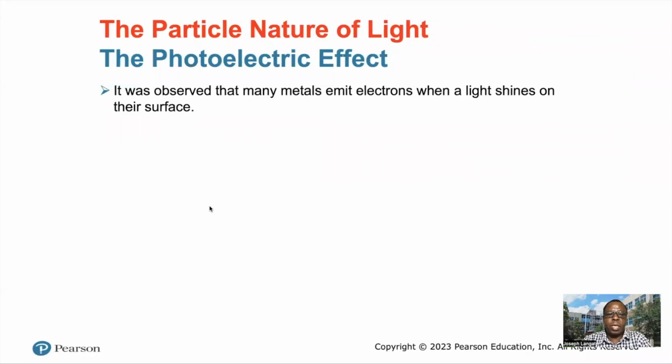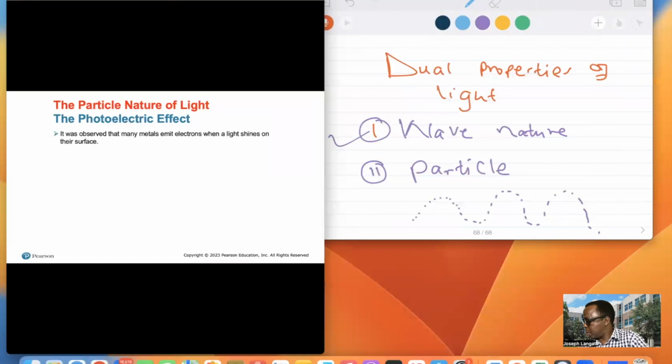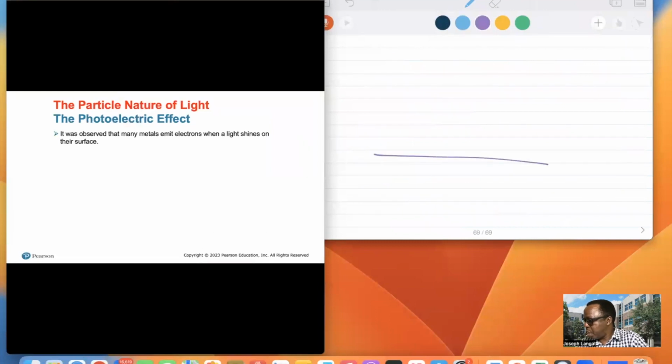What they noticed at that time that they could not understand is that when light is directed onto a metal surface, many metals emit electrons. So this is what happens. If this is the metal surface and this is the light coming as a wave, when it strikes here, an electron is ejected in that direction.